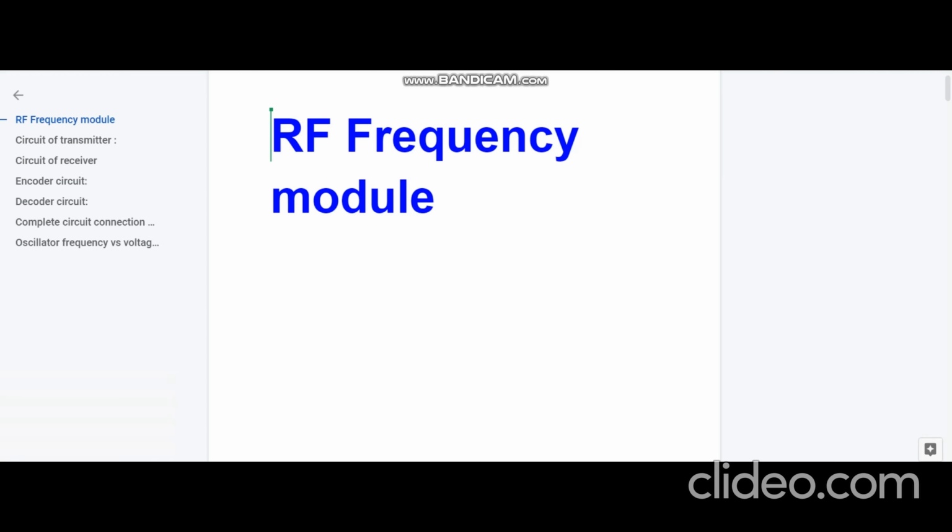In this series, we will introduce different kinds of circuits which will be helpful for IoT and automation related things.